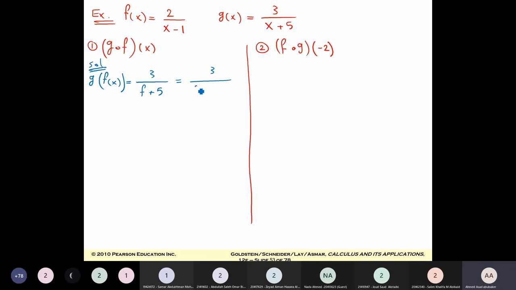The value of f is 2 over x minus 1, plus 5. Now if we have a fraction in the denominator and numerator, it is better to convert the fraction plus number into one fraction.